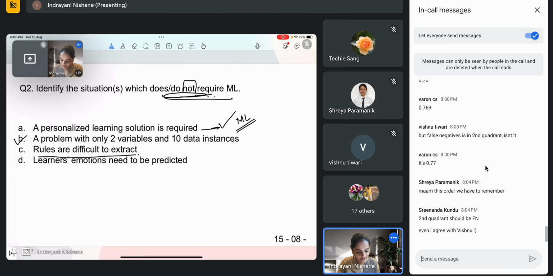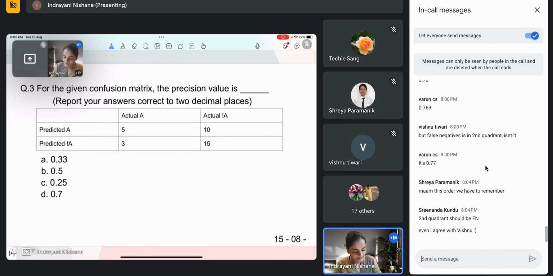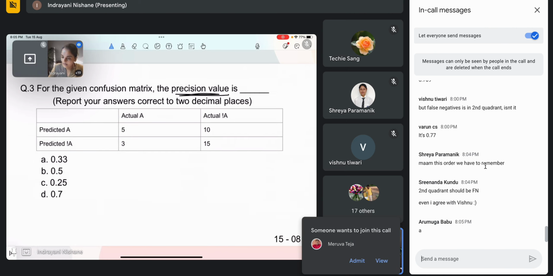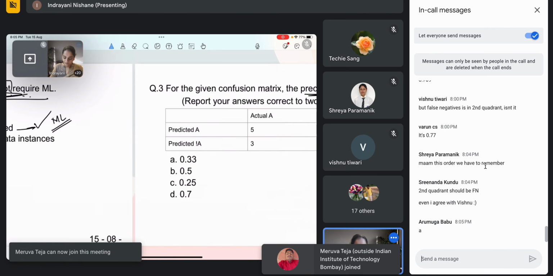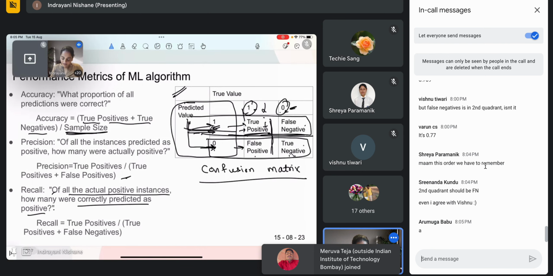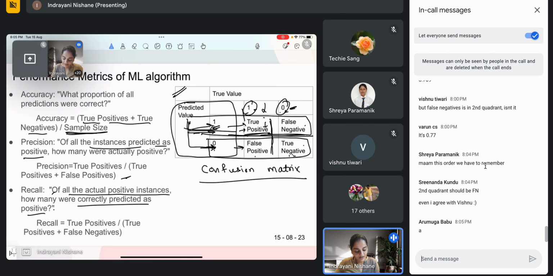Yeah. So again, let us come back to question 3. I think question 3 seems to be the last for this, right? So again, we have to calculate the precision value. Precision: out of all instances predicted as positive, how many are actually positive?